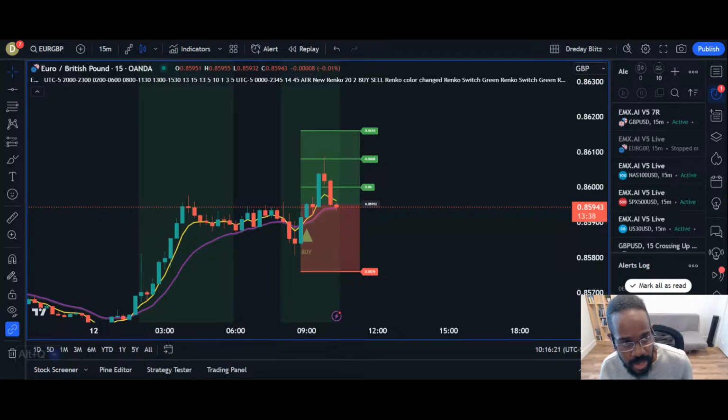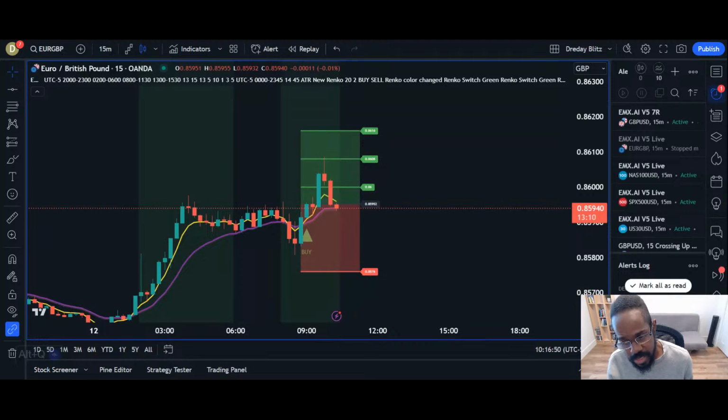So that's why I always say to focus on the London pairs, so the British pound, the euro, and the Australian dollar moves a lot at that time. Any other pairs that are within that session, just trade those, but focus on a few of them.